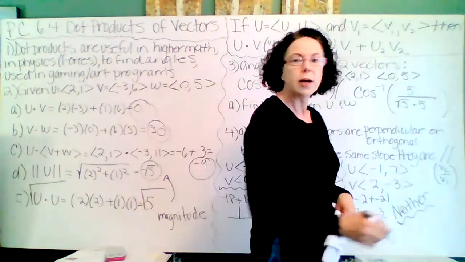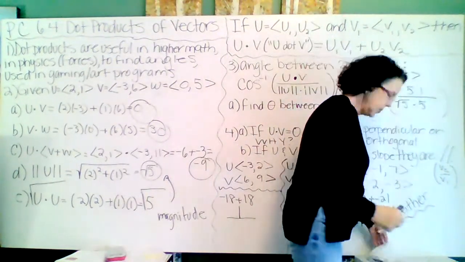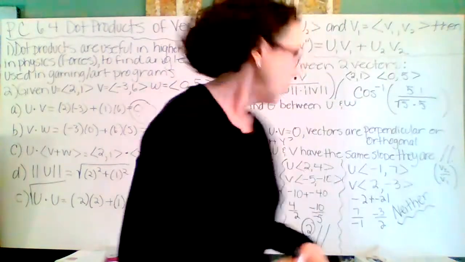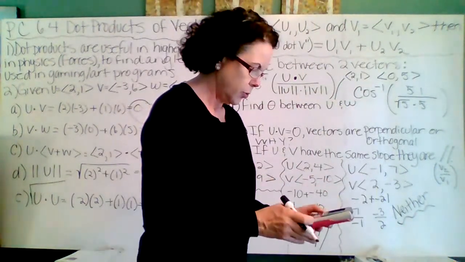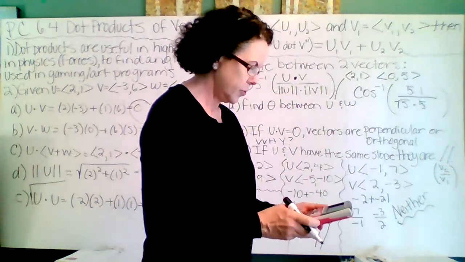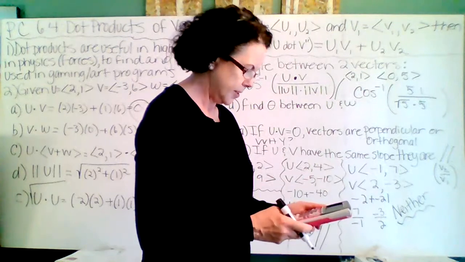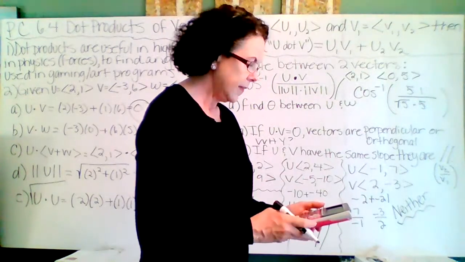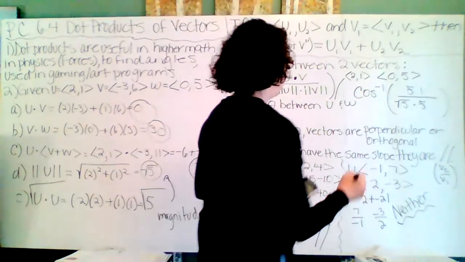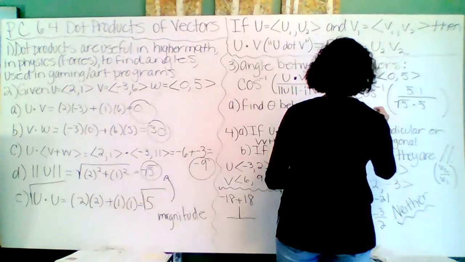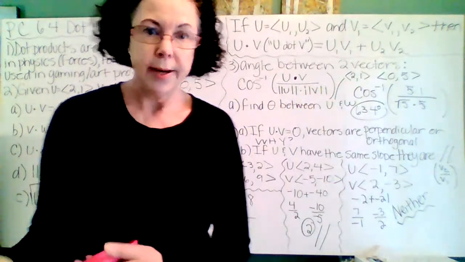Now, you're welcome to cross these 5s out, but your calculator is fine with doing that. So on my calculator, I'm going to do inverse cosine of 1 divided by the square root of 5. And the angle between these two vectors is 63.4. There we go.